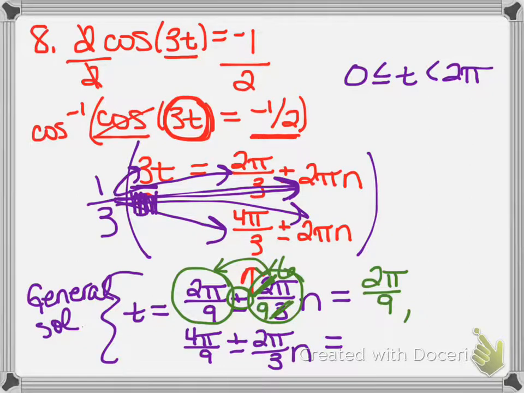And now I can actually add it. And so my next answer is 8 pi over 9. And then my general solution form says I can keep adding and keep adding and keep adding, so I'm going to keep doing that. So I add 6 pi ninths again, and now I'm at 14 pi ninths.